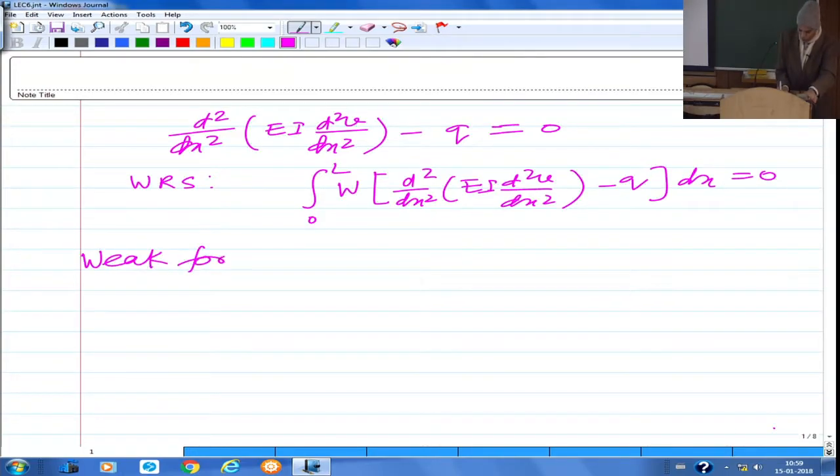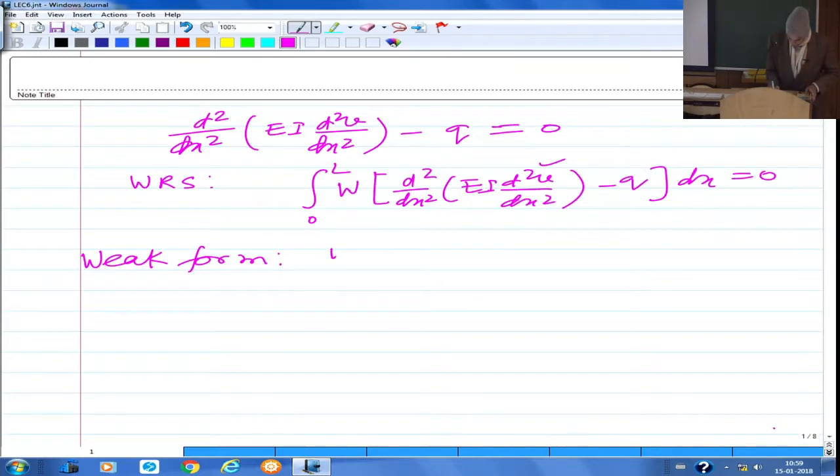In this case there is a fourth order derivative of the dependent variable v, and w. So we can do the integration by parts twice to transfer the derivatives equally between the dependent variable v and weight function w. You do the integration by parts twice for the first term.